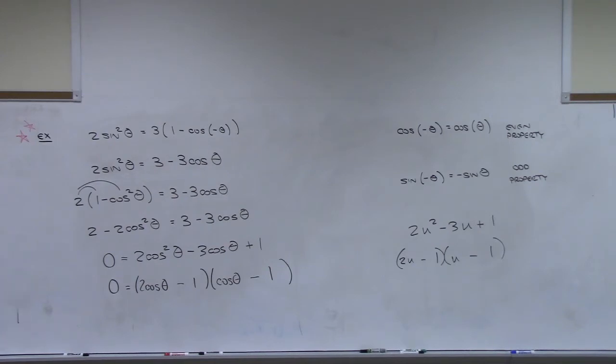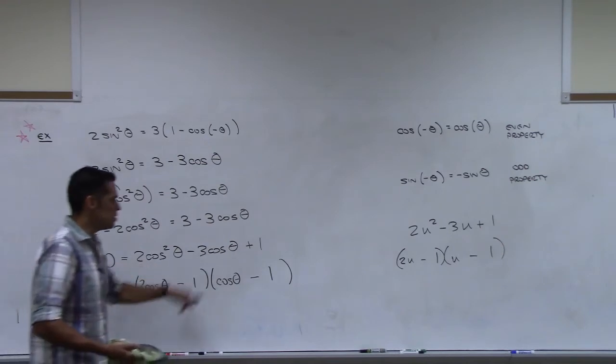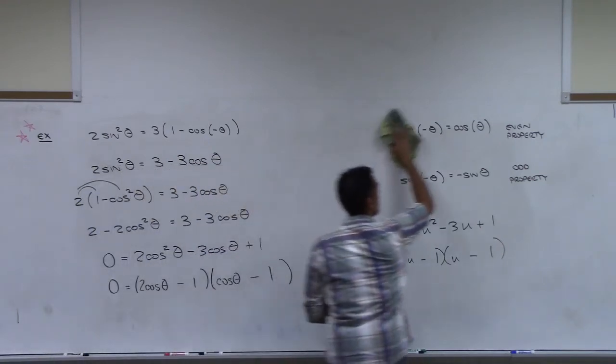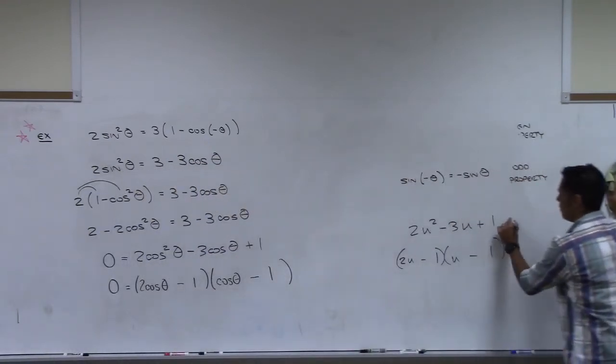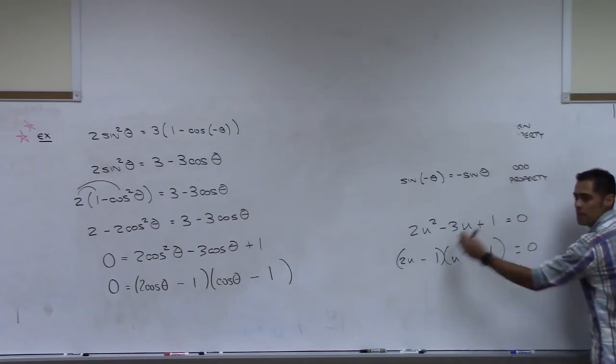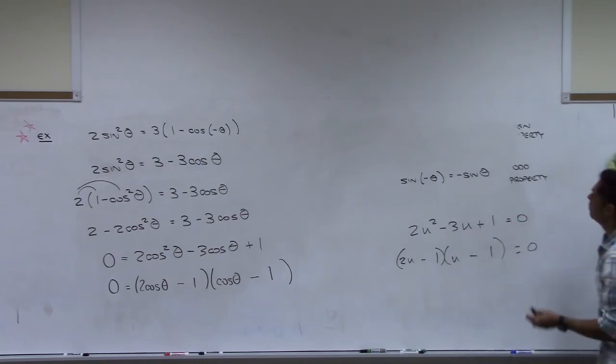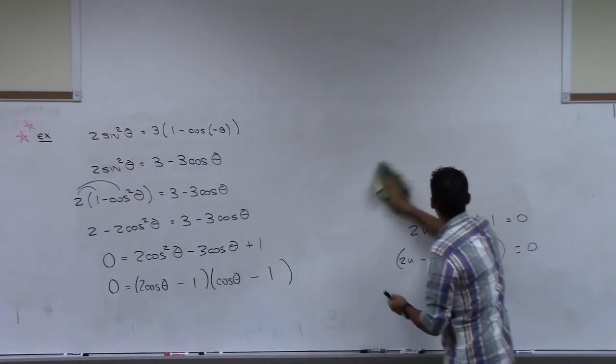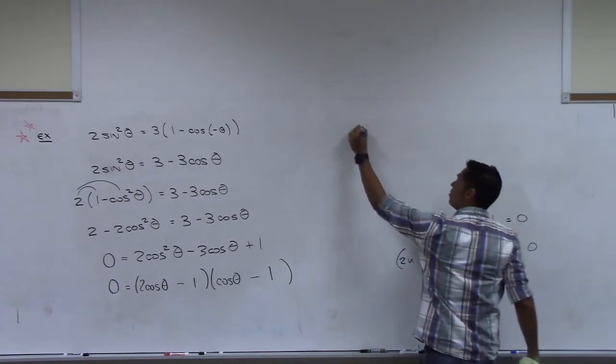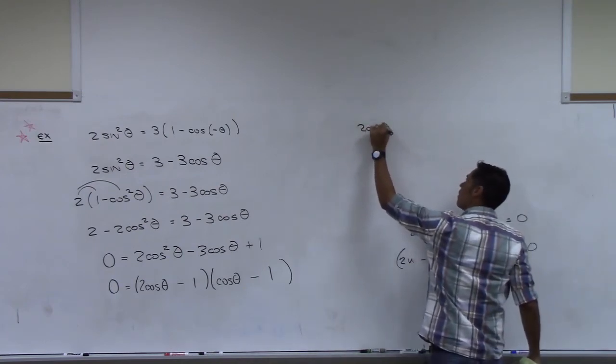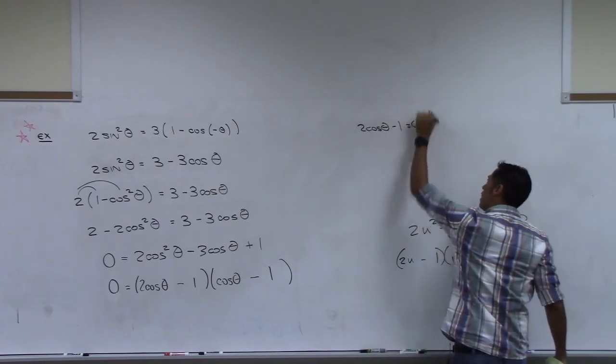Set each of those equal to 0. Right? Set that to 0, set that to 0. That's what you would have done over here, right? If this was equal to 0, you would have set each factor to 0. That's what we're going to do. So we're going to have 2 cosine theta minus 1 equals 0. That's one equation I have to solve.